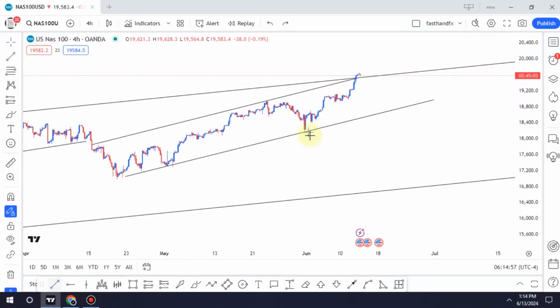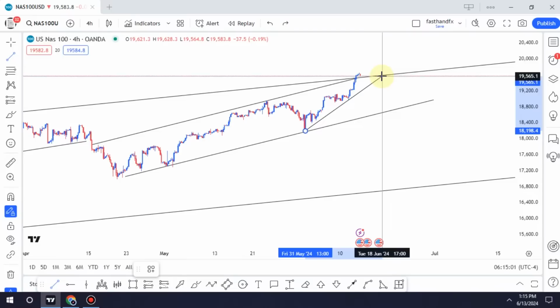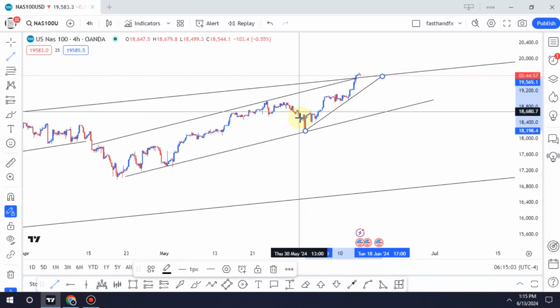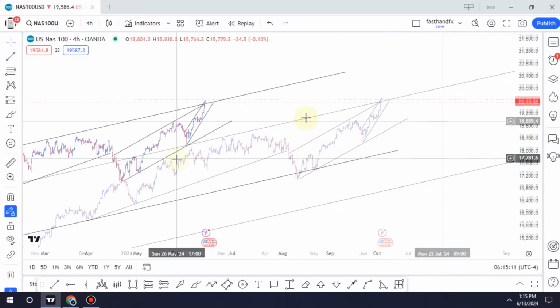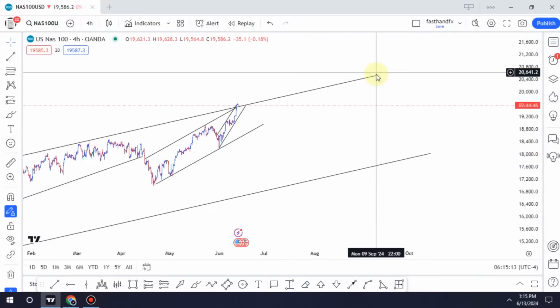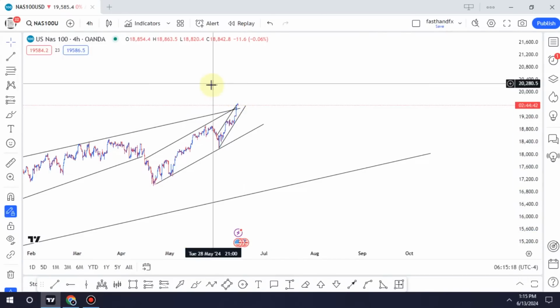If I bring in another trend, guys, I know you might be wondering why I'm having so many trends, but this is the best way possible for you to understand the market. So let me adjust this horizontal resistance line, maybe have it right there.